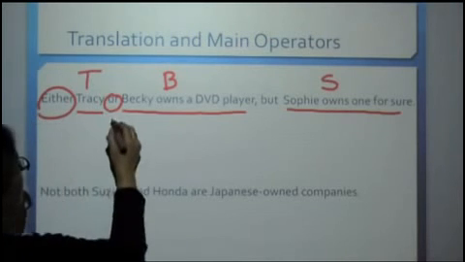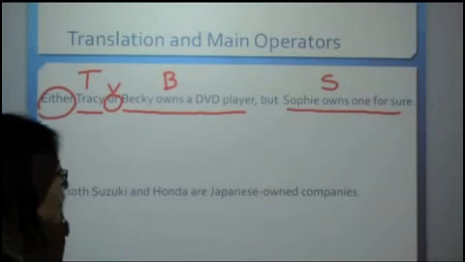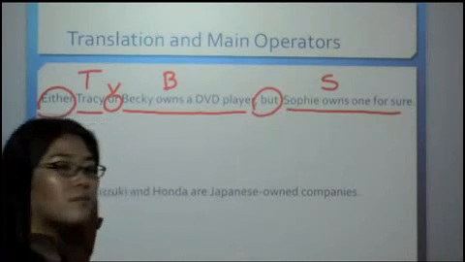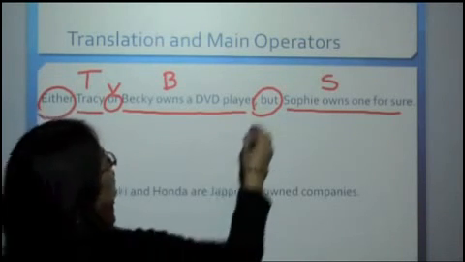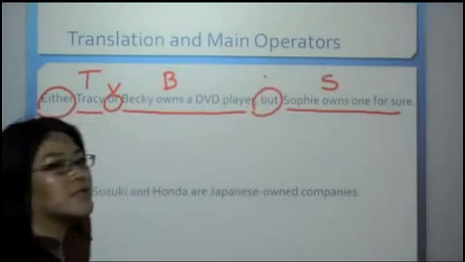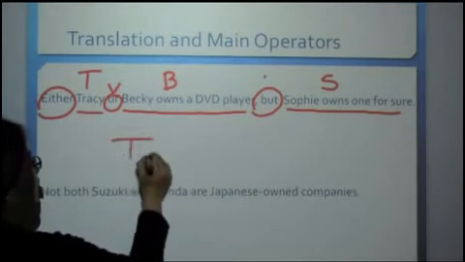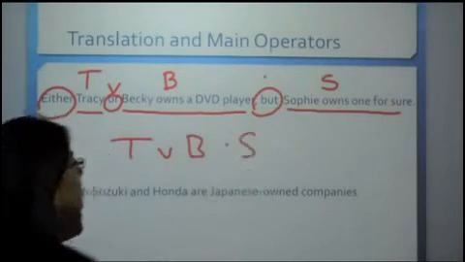So we want to put the disjunction wedge where the or is, okay? Then notice here we have the word but. And the word but indicates the conjunction dot. So we're going to put the conjunction dot where the but is, okay? And now we have, notice, T wedge B dot S.